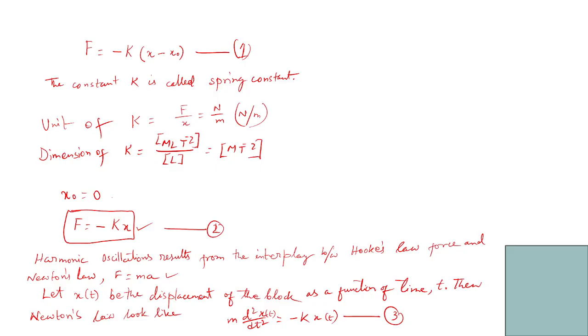The most general solution of equation 3 is x(t) equal to a cos omega t plus b sin omega t.